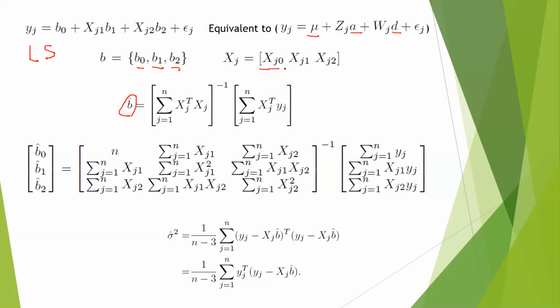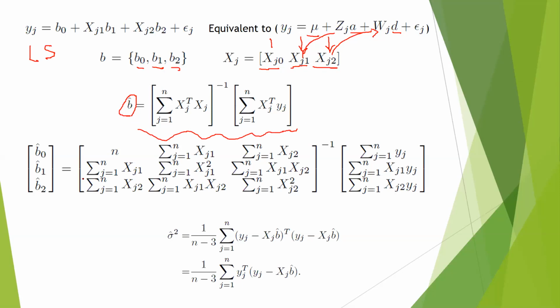Now we have 3 random variables. The first, for the intercept, is always equal to 1, so it doesn't matter. But for the other two, one is Z, used for the additive effects, and the other is W, used for the dominant effects. This is the closed-form solution for these 3 regression coefficients using least square estimation.